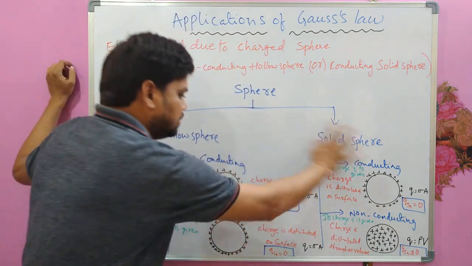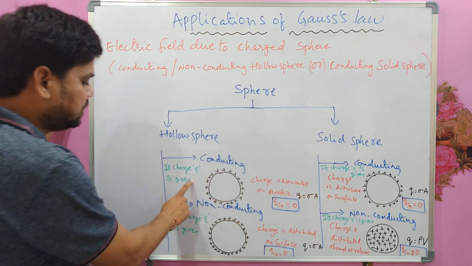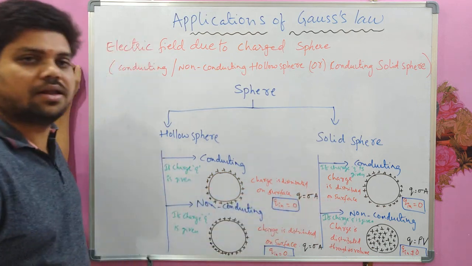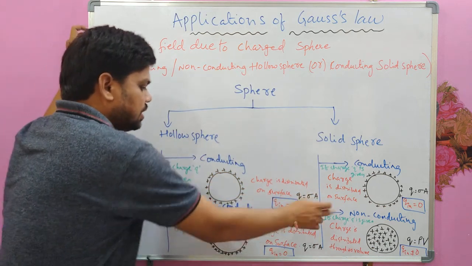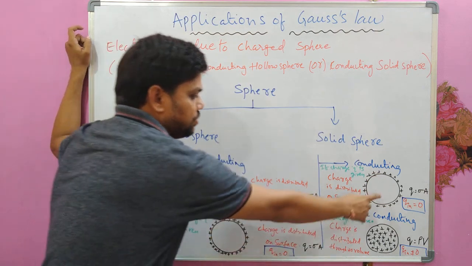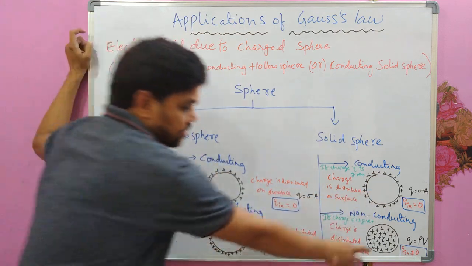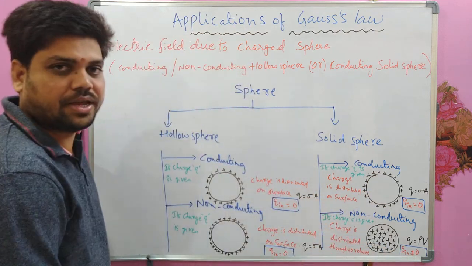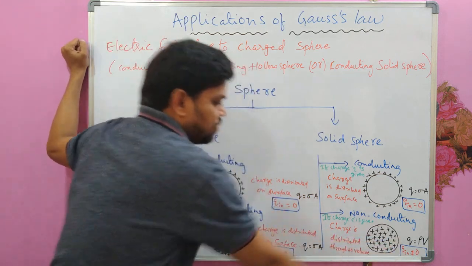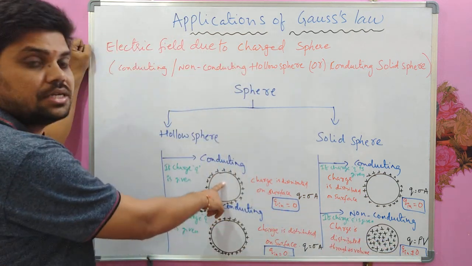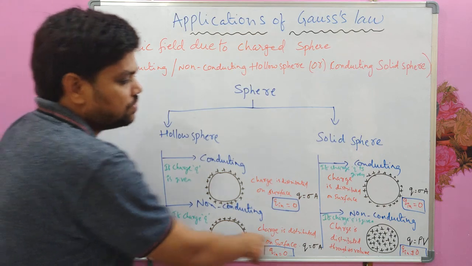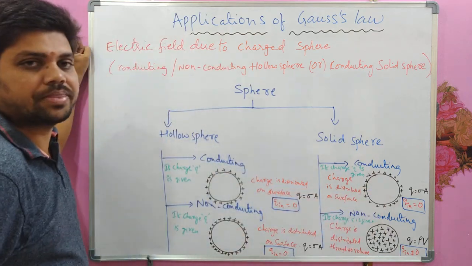Now if you observe these four things, these three will come under the same scenario. You can see Q inside 0, Q inside 0, Q inside 0. But here Q inside is not equal to 0 and charge is distributed through its volume. Whereas here charge is distributed on the surface, on the surface, on the surface.